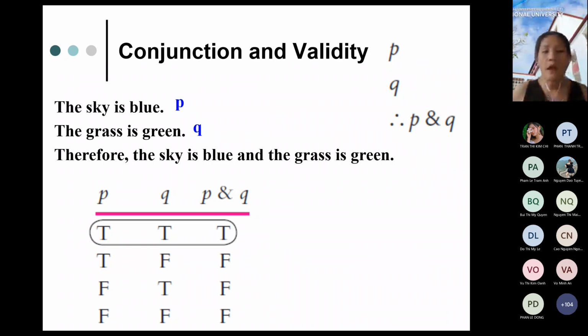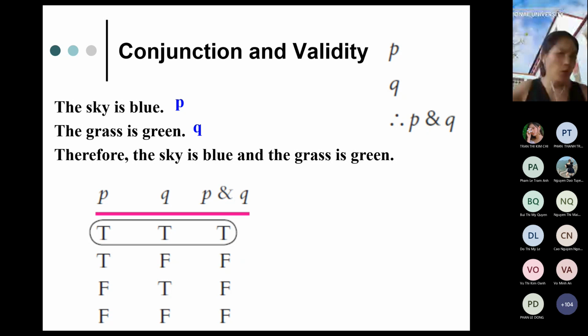Now we apply the validity rule. Again, the validity rule says that after you finish making a correct truth table for that argument, please look at the columns of the premises. And here you see P is premise 1. Q is premise 2, isn't it? So we look at these 2 columns and find all of the rows that have premises true. Again, all of the rows that have premises true.